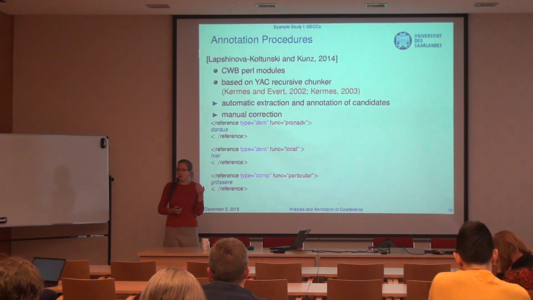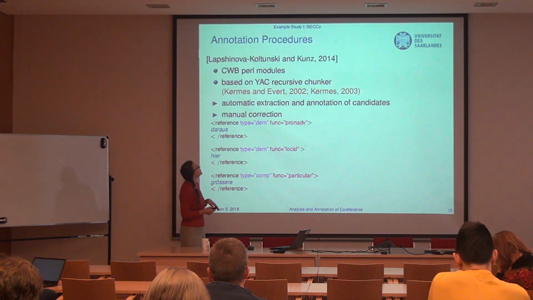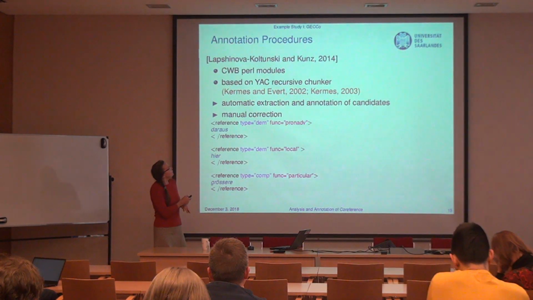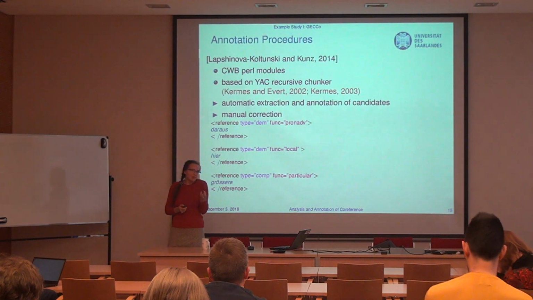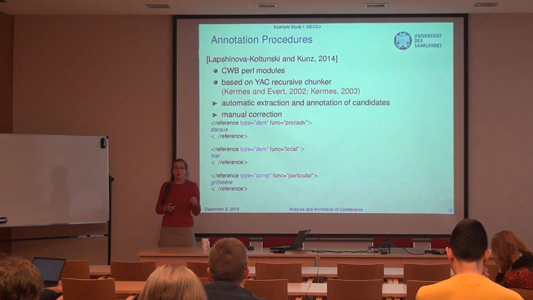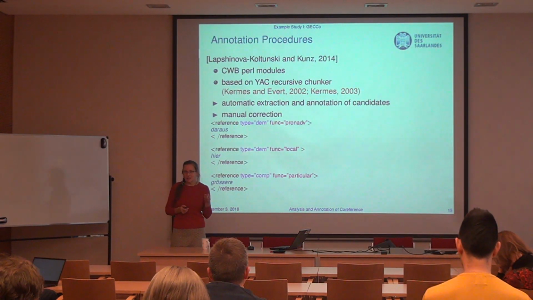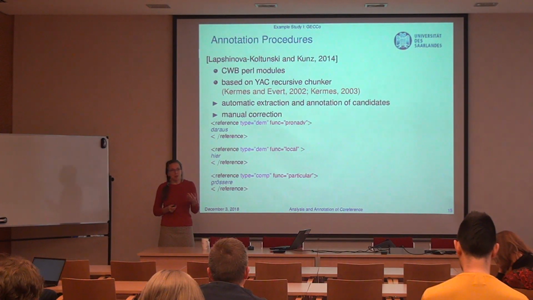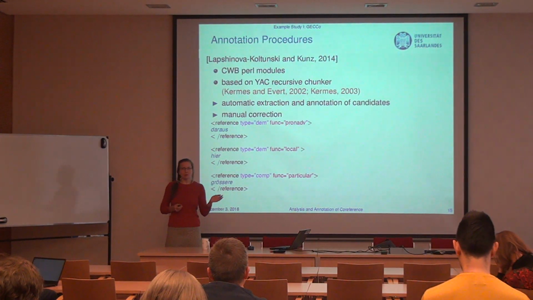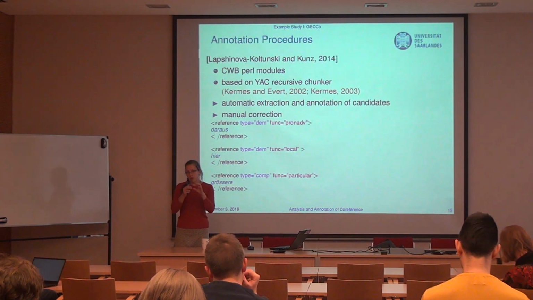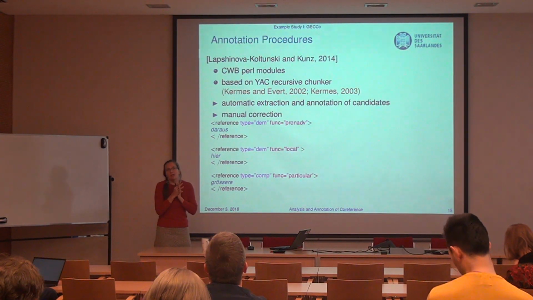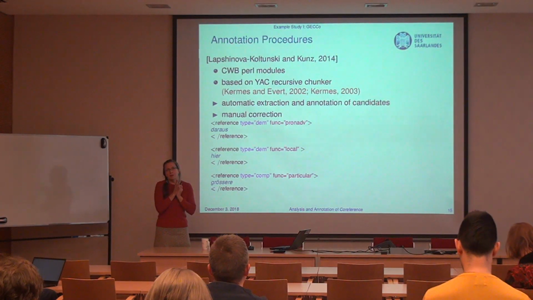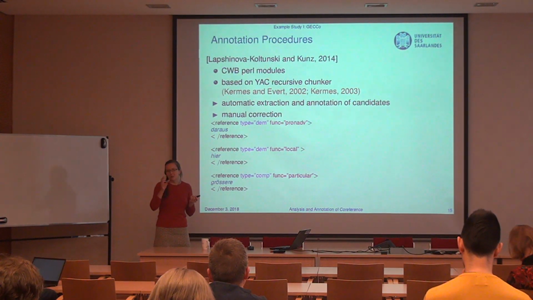Well, actually, we started from automatic procedures. You know that some categories of coreference, for example, pronouns and nominal phrases, are easier to identify if you have part of speech information, or if you run a parser, you have also some structures. And we said, okay, we can run some queries with some linguistic restrictions.